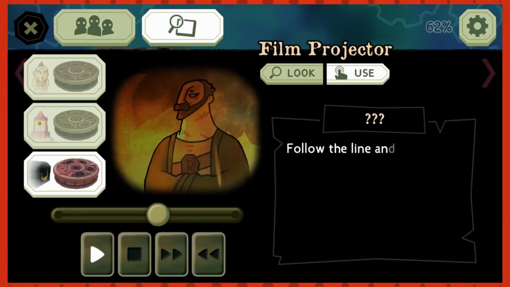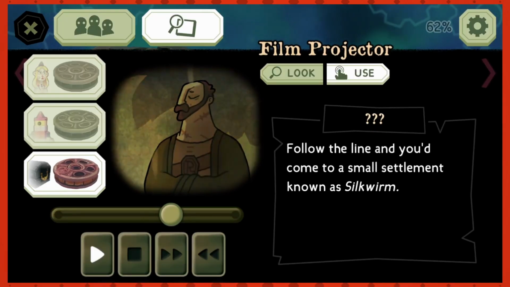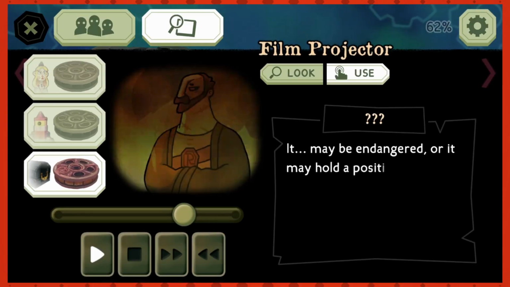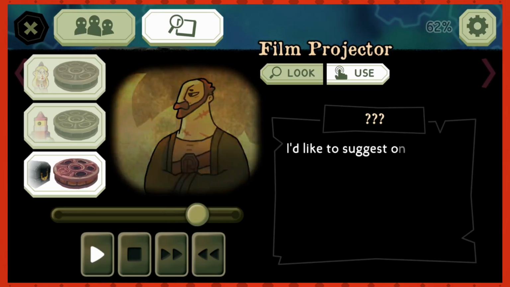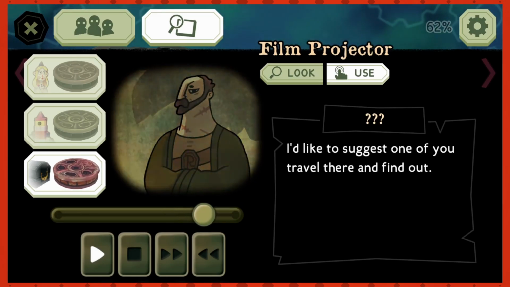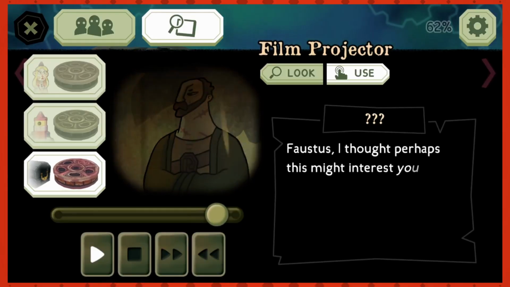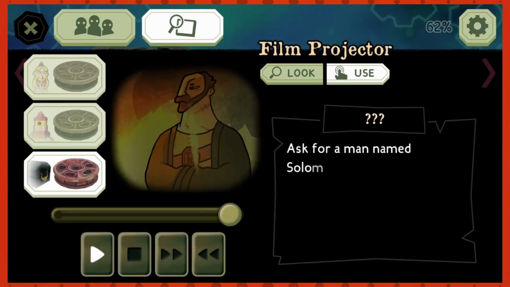Follow the line and you'd come to a small settlement known as Silkworm. It may be endangered, or it may hold a position of insight. I'm not sure. I'd like to suggest one of you travel there and find out. Faustus, I thought perhaps this might interest you in particular. Faustus Fellow. For a man named Solomon Stonetop.